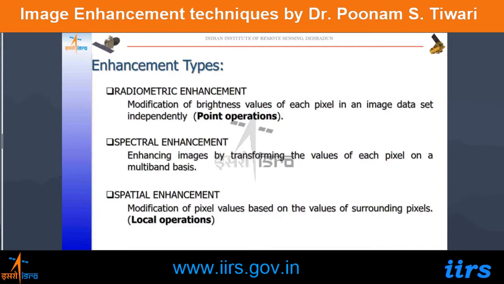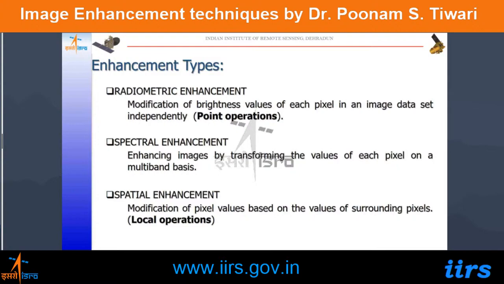For calculation of the new brightness value, if we are going to utilize the pixel values of the surrounding pixels also, then such type of enhancement is known as spatial enhancement, and it is also called a local operation, because the information content of the surrounding neighborhood is also taken into account.